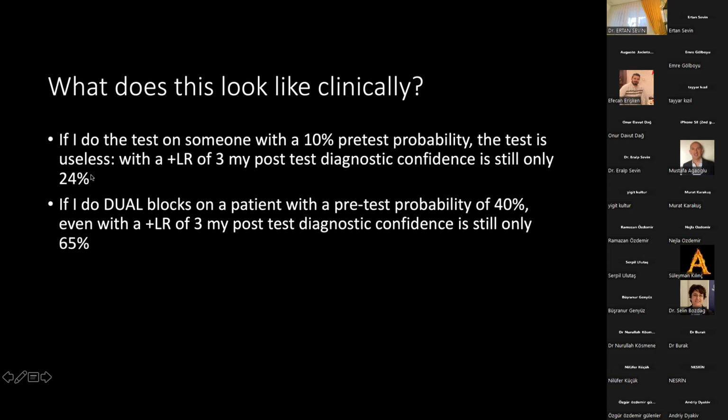So what that means is if I do medial branch blocks on 25-year-olds and I diagnose 4 of those 25-year-olds with facet pain because they had 2 positive blocks, in reality, only 1 of those 4 has the condition and the other 3 I've misdiagnosed.